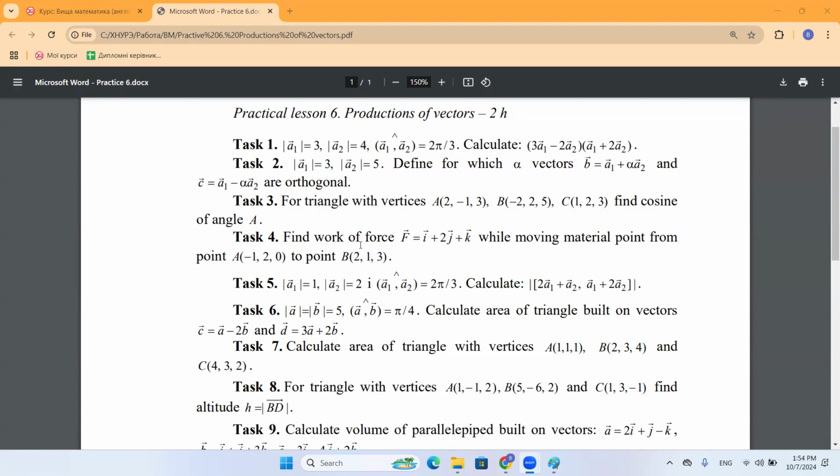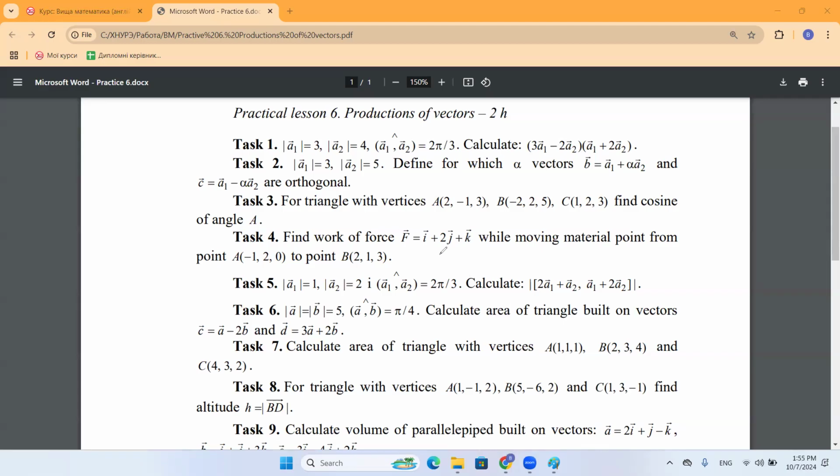Okay, Daniel. I think we can put coordinates of A and B into this equation. How to find the work of force if we know the force and a vector of movement? Okay, Mikola, maybe you remember.